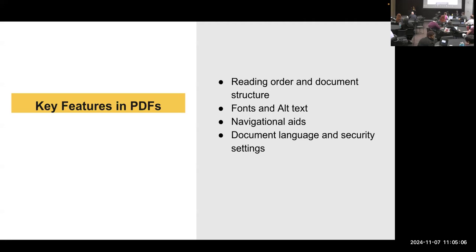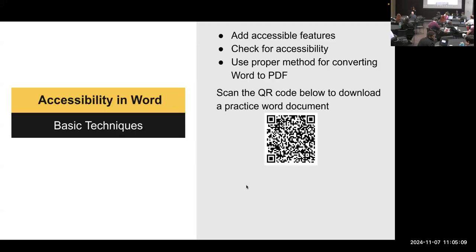So most of what we will do is in the Word, and that will carry over very nicely into the PDF. So in order to make the Word document accessible, we'll go through all the accessible features, and then we can check for accessibility. Word has an accessibility checker, but it doesn't really detect all the features.